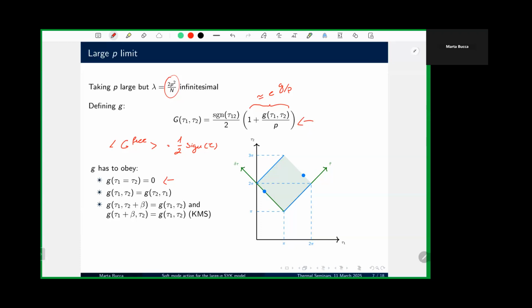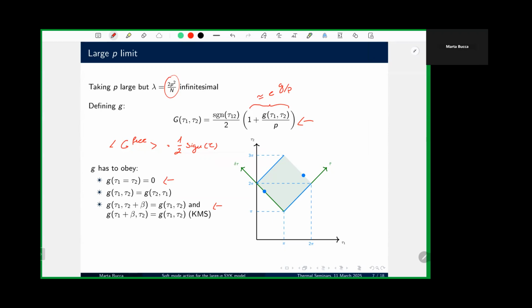And finally, the third set of conditions that we want to impose on g is KMS, or Kubo-Martin-Schwinger. These are conditions that one needs to impose on correlation functions for operators in systems at finite temperature, and you get this sort of periodicity in the temperature.